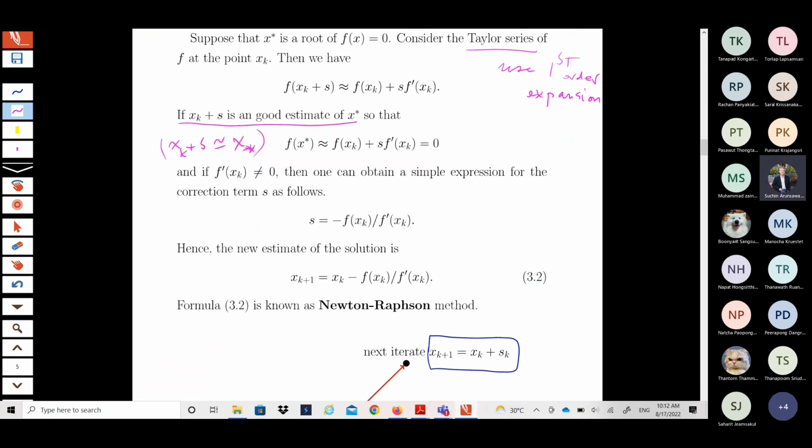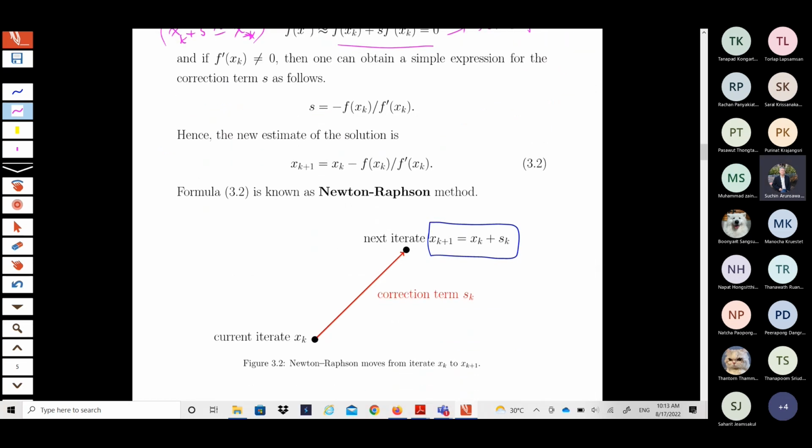Now you can see that with this assumption, if f prime(xk) is not equal to 0, then we are able to solve for the correction term s from this linear equation. Then the correction term s is equal to minus f(xk) divided by f prime(xk).